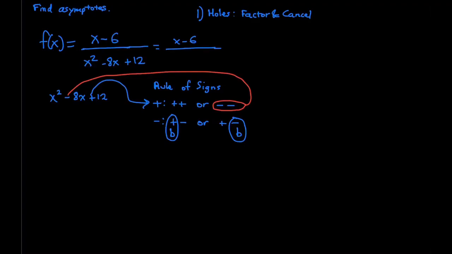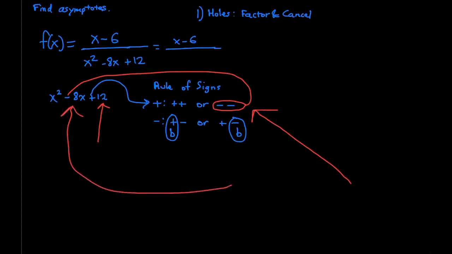What you want to do now is look at the constant and find 2 numbers that go into it, meaning that they multiply into the 12, but when you combine them using 2 negative signs, they turn into this negative 8 in the middle.